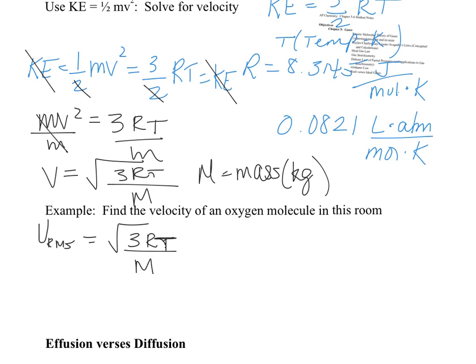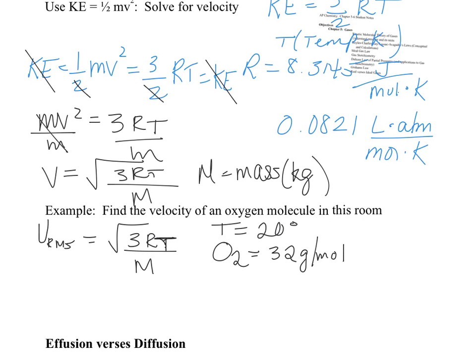So find the velocity of an oxygen molecule in this room. Let's say that we are given a temp of 20 degrees Celsius and an oxygen molecule. We know an oxygen molecule is approximately 32 grams per mole, right?